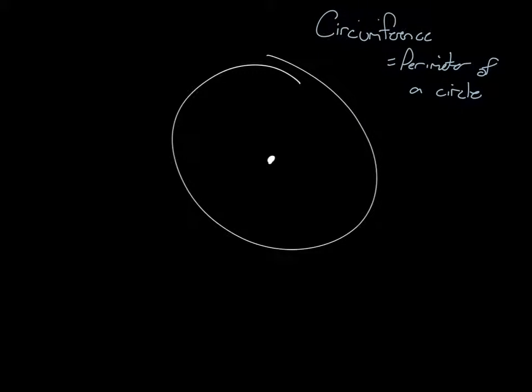Before we can work out the perimeter of a circle, it's important to know that we must be able to label certain things on a circle. So starting at the centre of the circle with the white dot I've got here, if I draw a line to the edge of a circle, that's the radius. So the radius is from the centre of the circle to the edge of the circle.